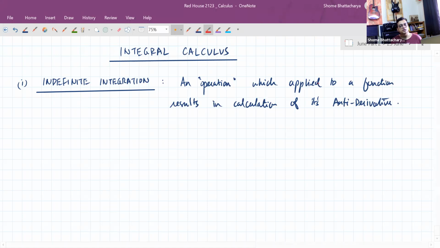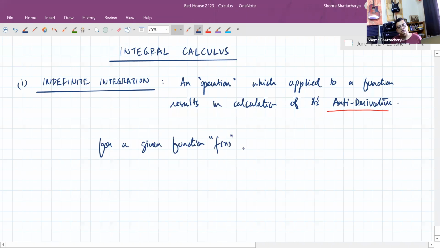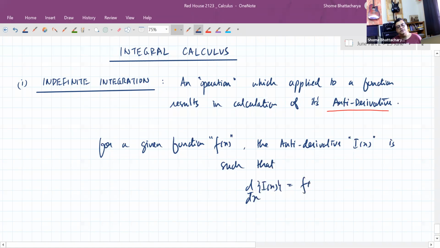So let's understand the meaning of the term antiderivative. For a given function, let's say f(x), the antiderivative, which we can denote with the symbol I(x), because it comes from integration, is such that the derivative of I(x) is equal to f(x).